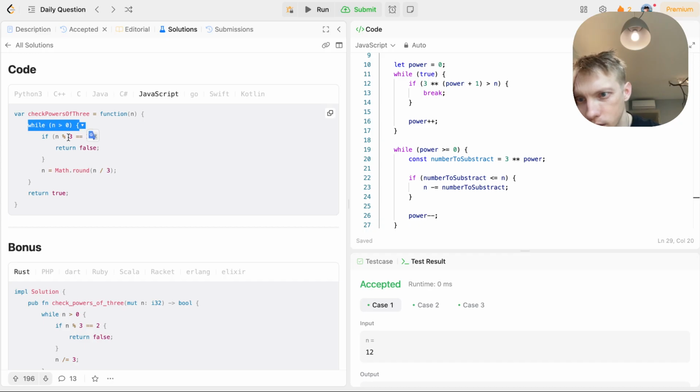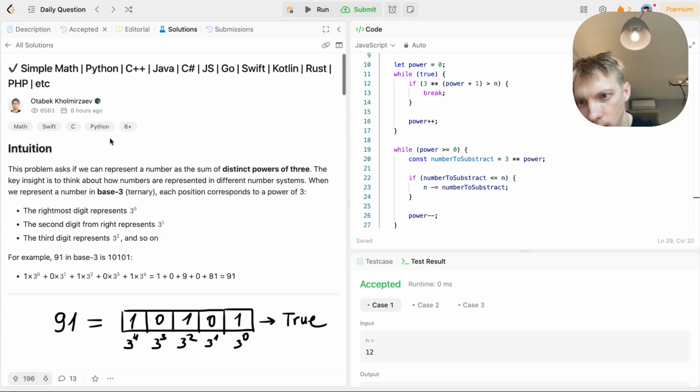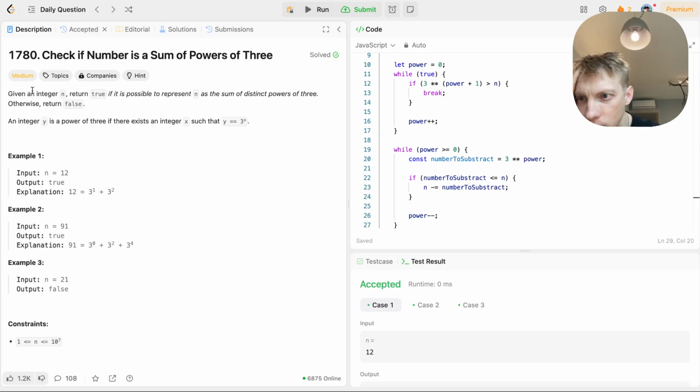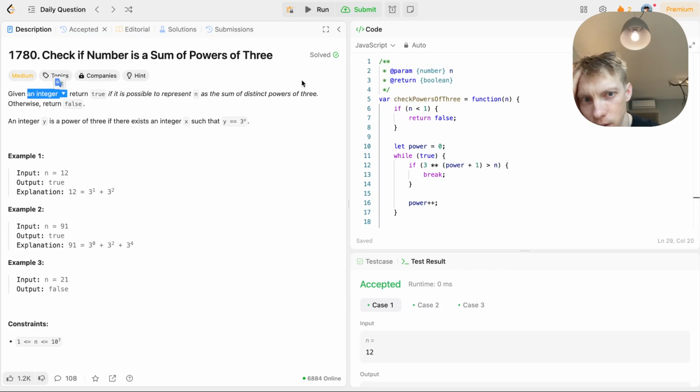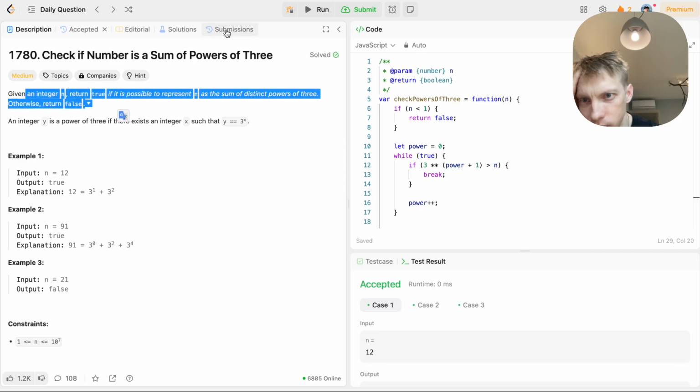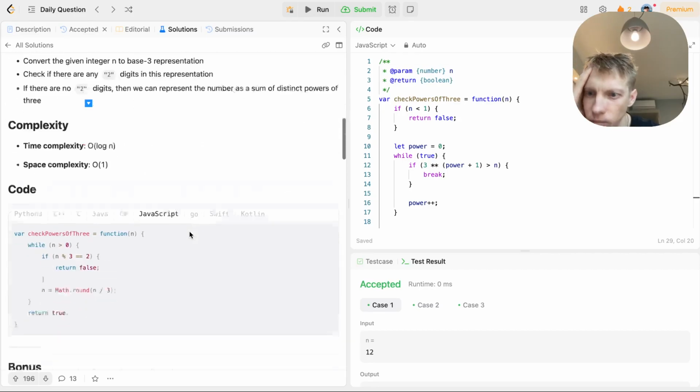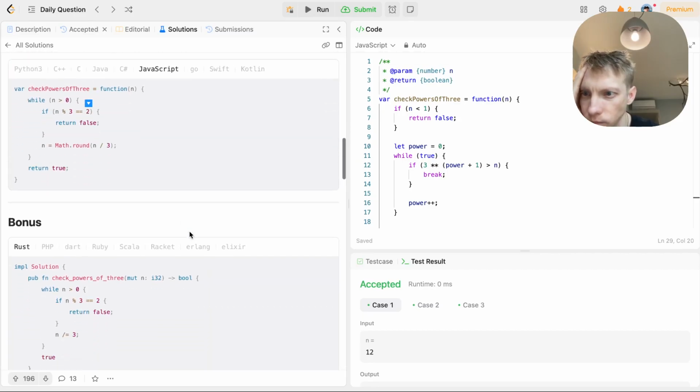While, okay, integer, so we can be sure that it is an integer. I don't understand this row. Let's try to do it.